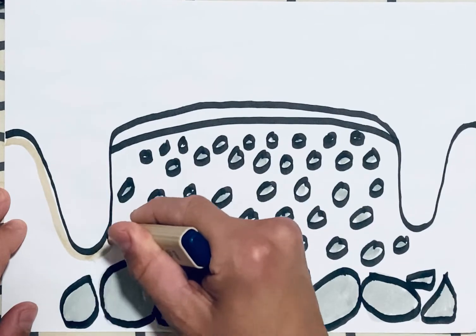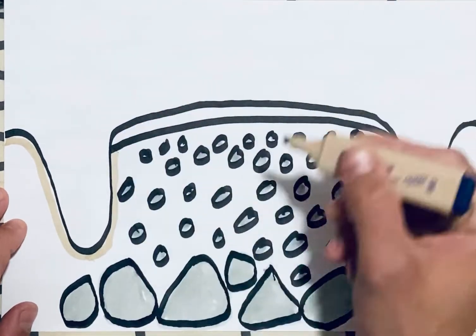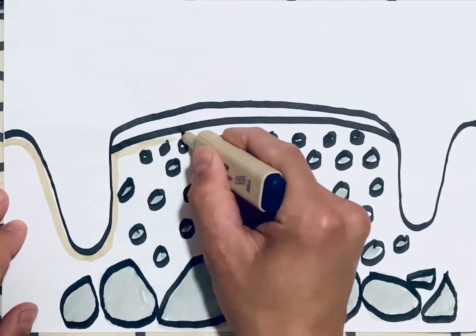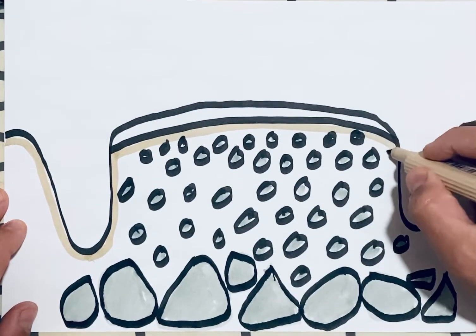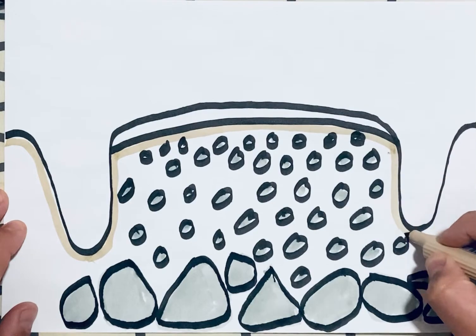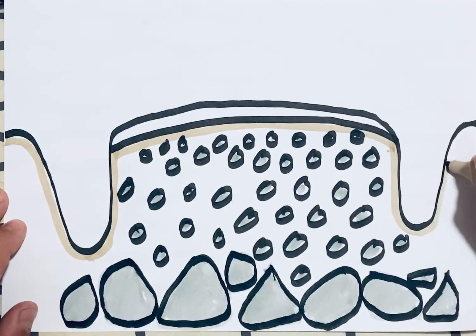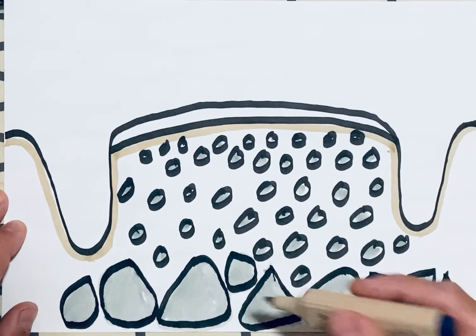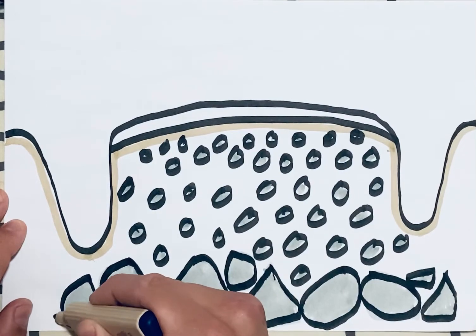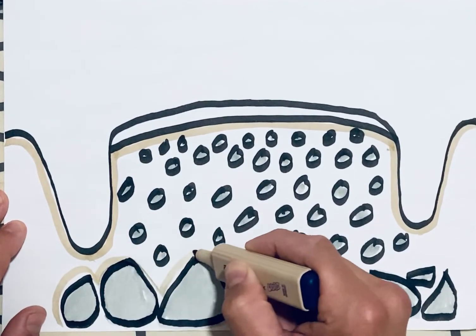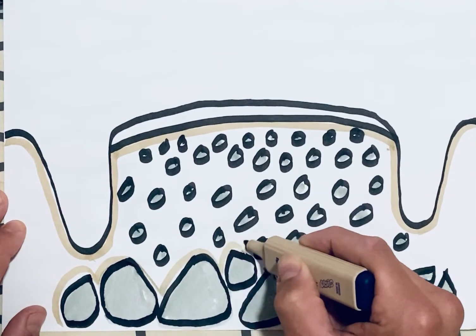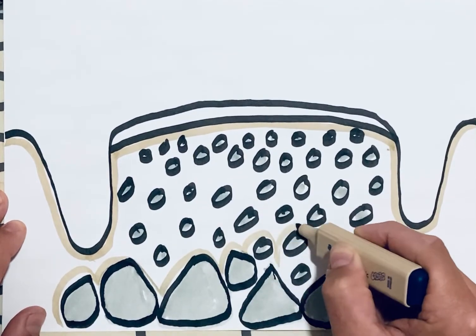I do this with the brown. If you don't have brown at home, you can always use orange, or any color that's similar to brown. Yellow, if you need to, you can use that as well. We're also going to do the outline of our big stones, just to give some more color to our wonderful picture. Good job, boys and girls.